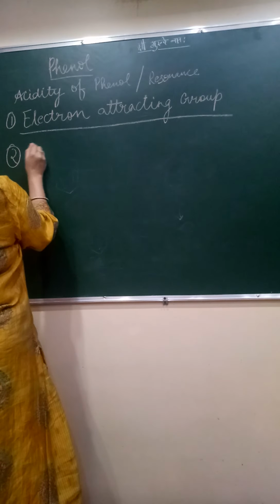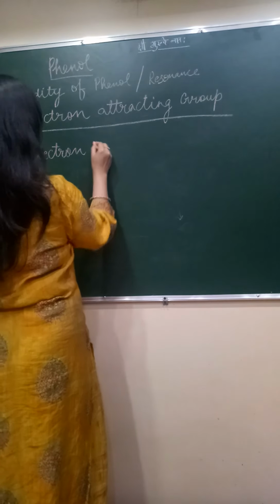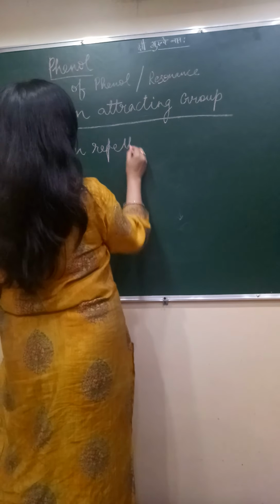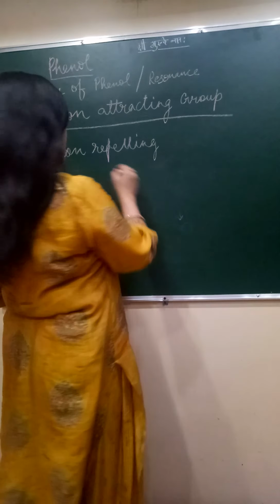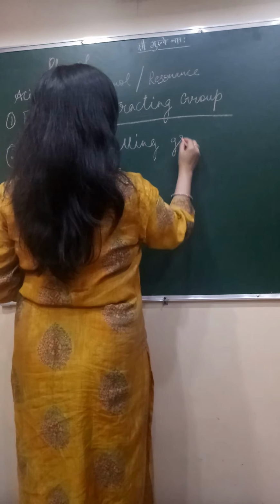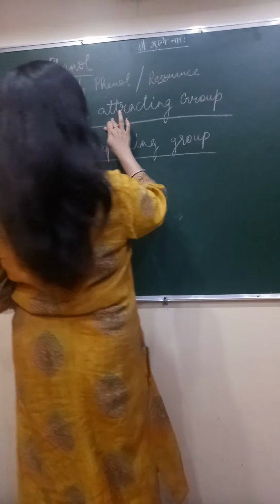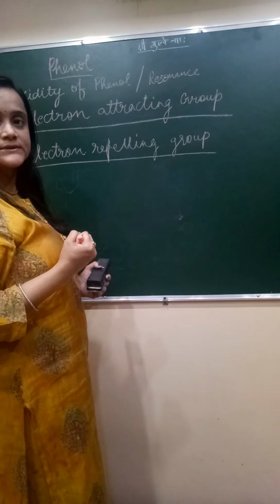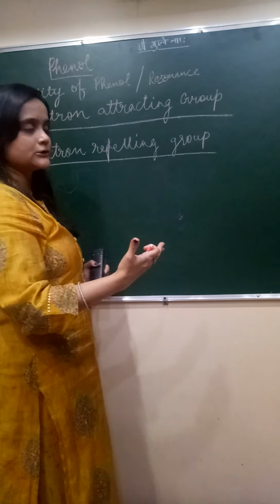And number two, there are some electron repelling groups. This is an important question for your exam: factors affecting the acidity of phenol. Electron attracting groups are those groups which attract electrons towards themselves, and electron repelling groups do not attract the electron, but repel the electron.